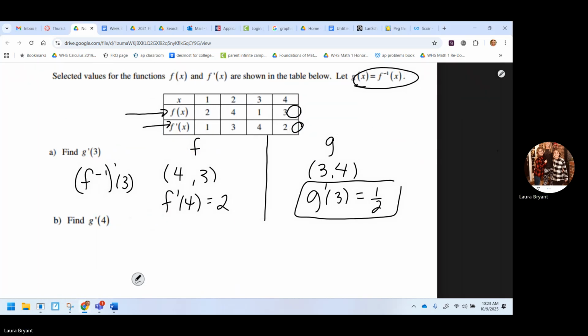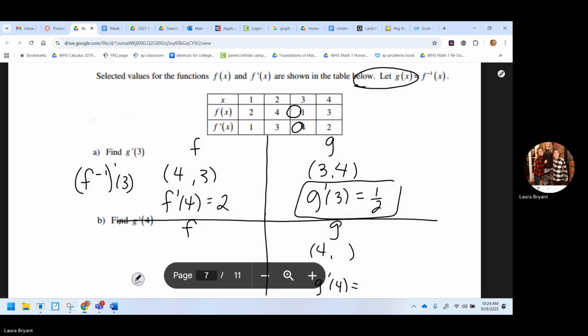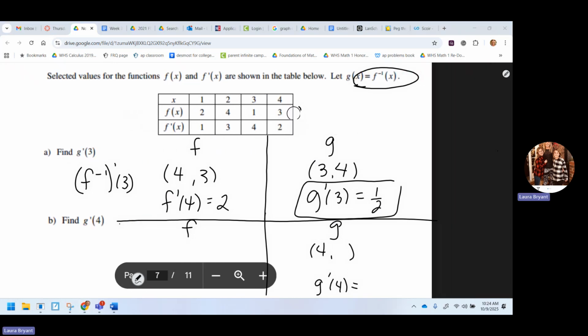Oops. Okay, let's try this again. So G of X is over here, F of X over here. I'm looking for the derivative at 4 on G. So I want to figure out how that relates to F, because then I can just flip my answer over. So where is the Y value 4 on F?